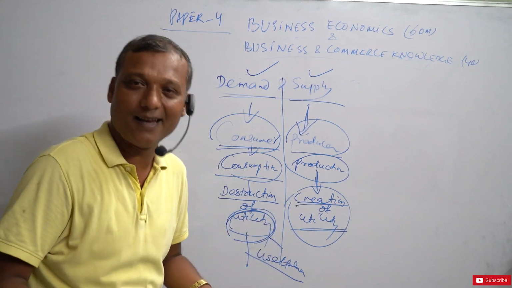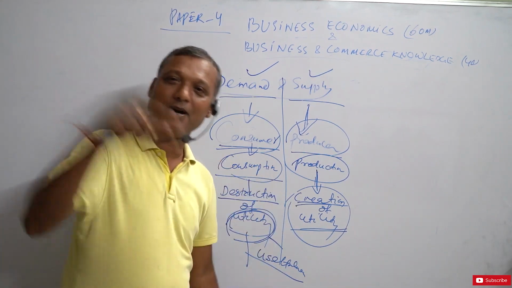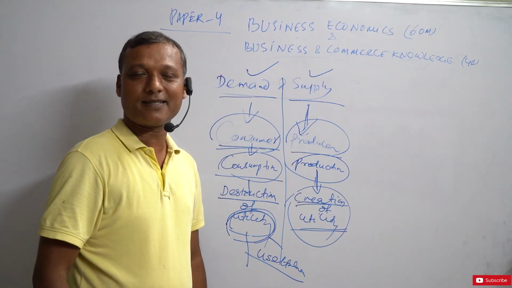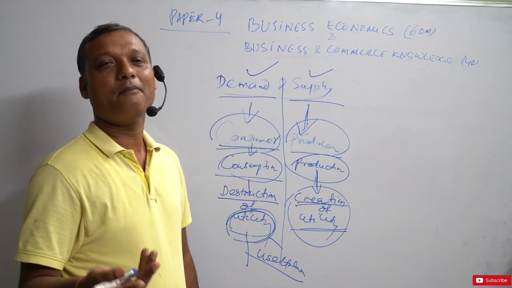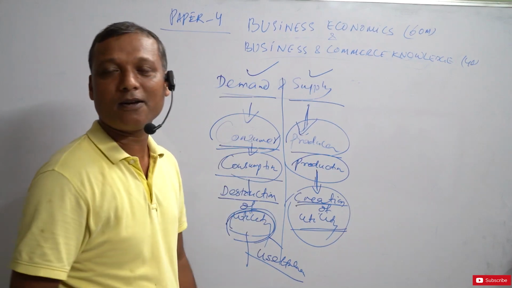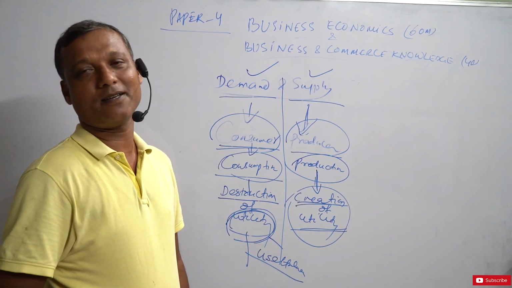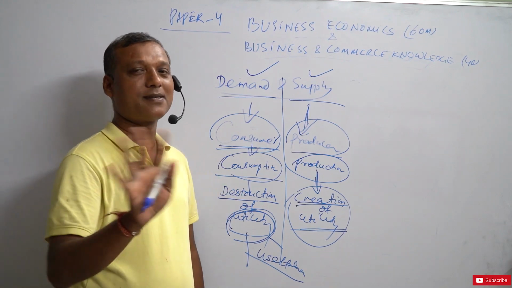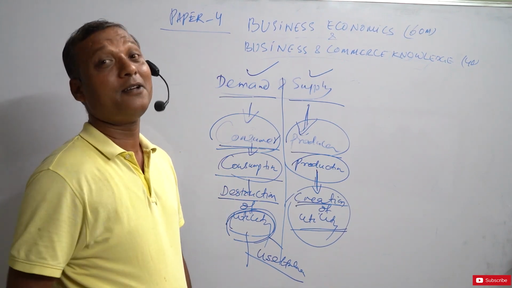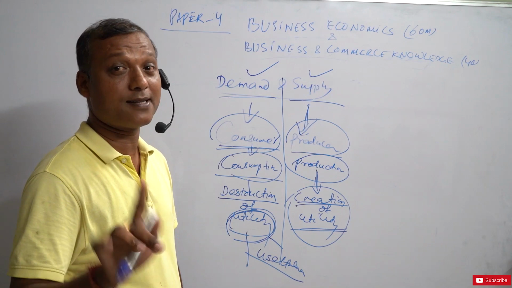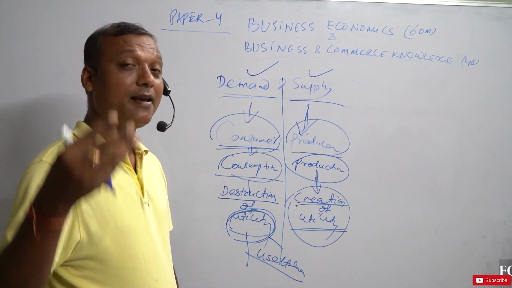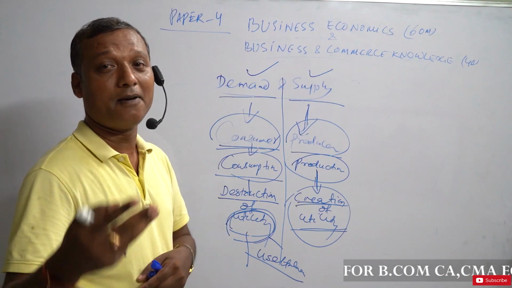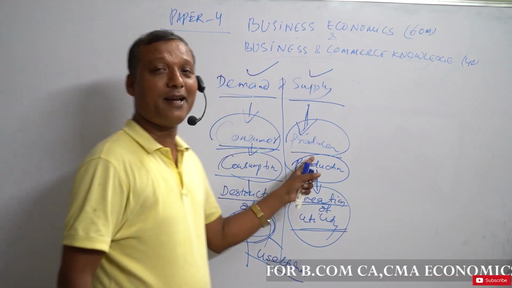So an individual must be a consumer. But a person may or may not be a producer. Remember one thing: all persons are consumers, because each and every individual has to consume something in day-to-day life, but all persons cannot be producers.